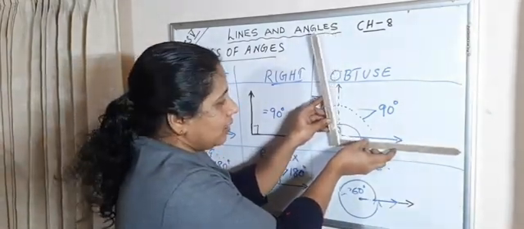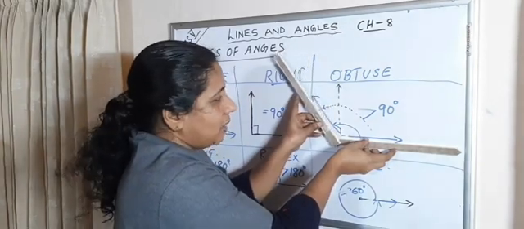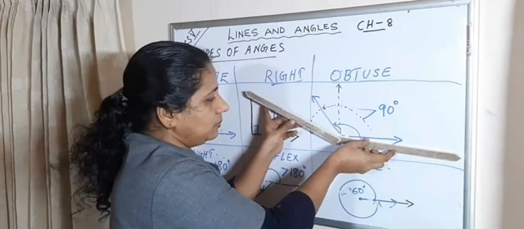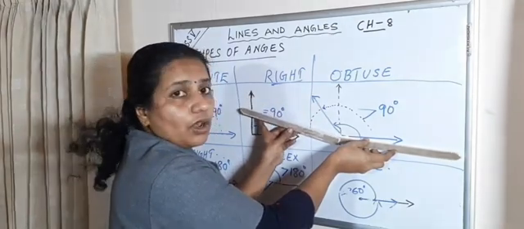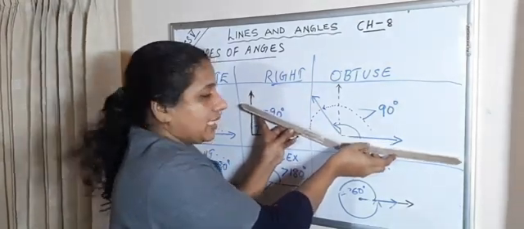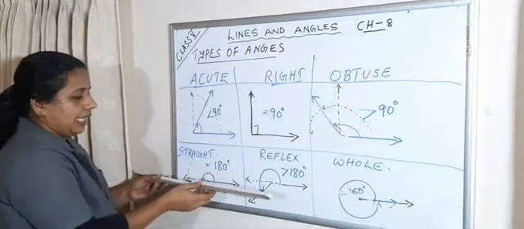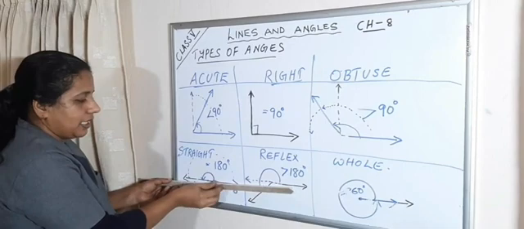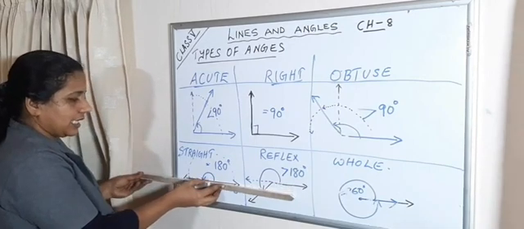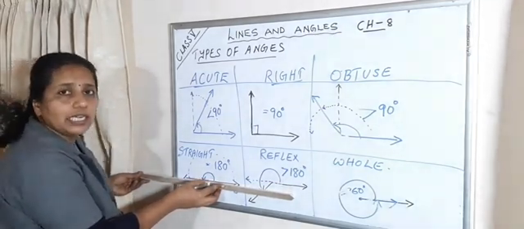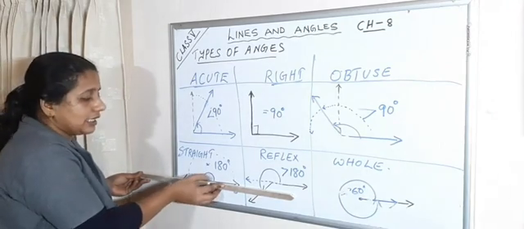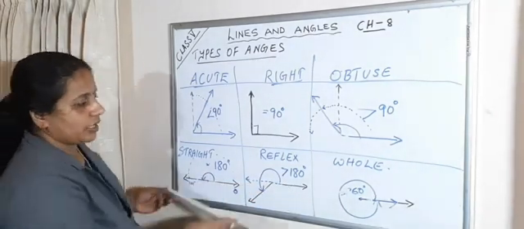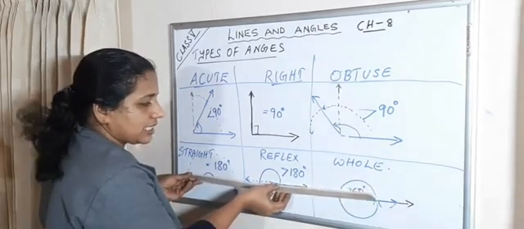When I move this second arm leftwards, so many angles will form, and these angles are called obtuse angles. This is our vertex, and when I keep the first arm here and the second arm like this, I will get a straight line, and that angle is called a straight angle.